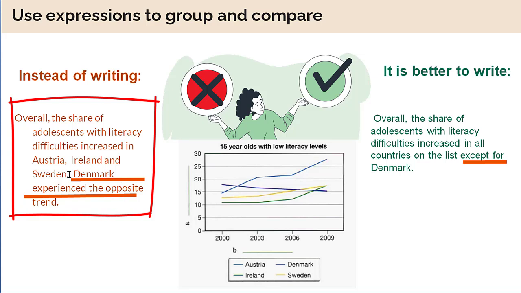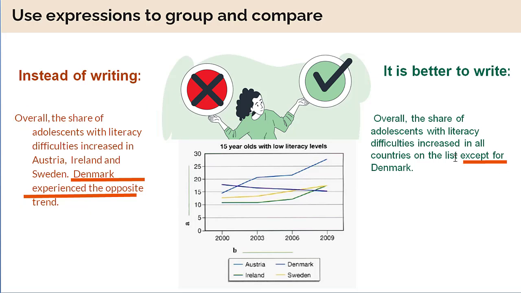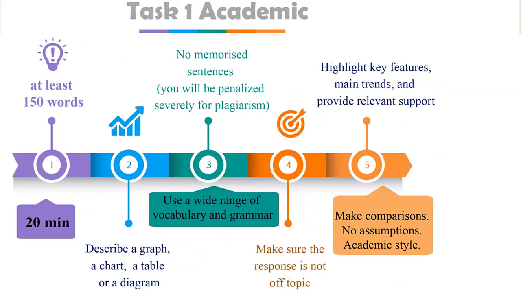So instead of saying Denmark experienced the opposite trend, we can simply use except for. And this will make our sentence way more concise. Look, overall, the share of adolescents with literacy difficulties increased in all countries on the list except for Denmark.